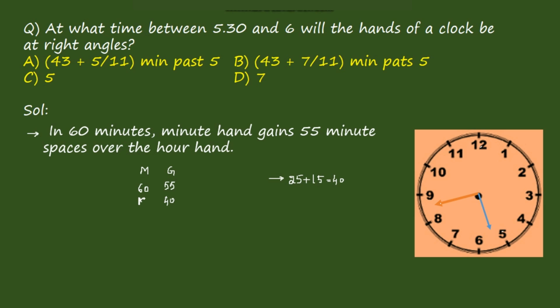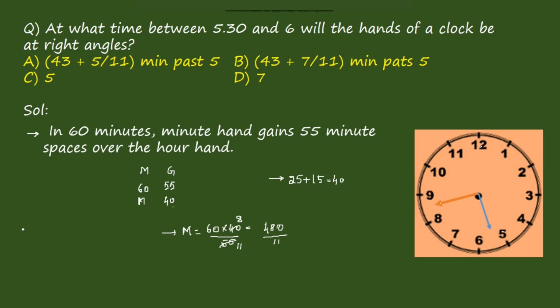So how much time is taken to gain 40 minutes? The number of minutes required to gain 40 minutes, on cross multiplying, you get 60 into 40 by 55, which is 480 by 11.